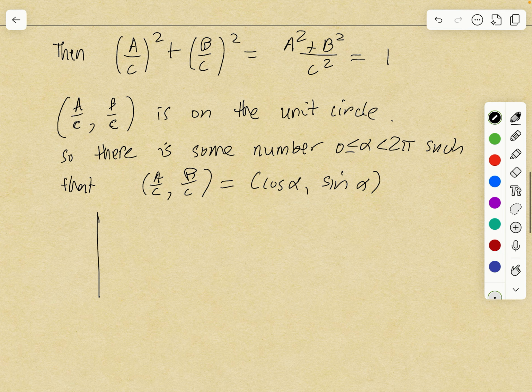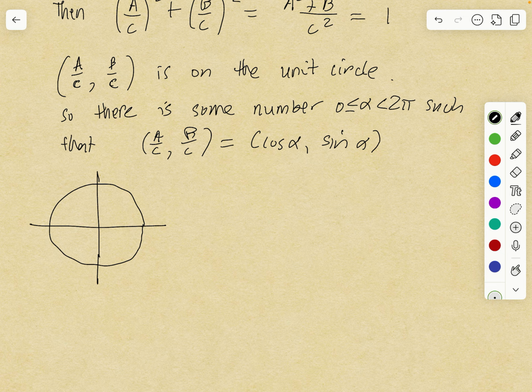So let's just draw a little picture. Your alpha doesn't necessarily have to be between 0 and pi over 2 because your A and your B might be negative. So let's say this point was your A over c, B over c. Then alpha would be that angle. So alpha is somewhere between 0 and 2 pi.